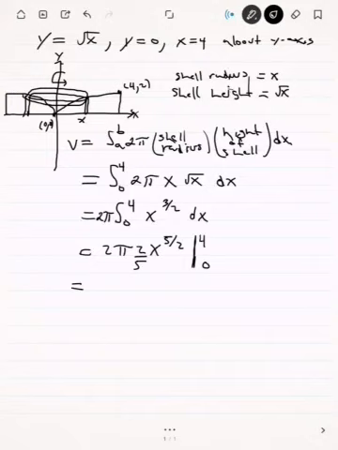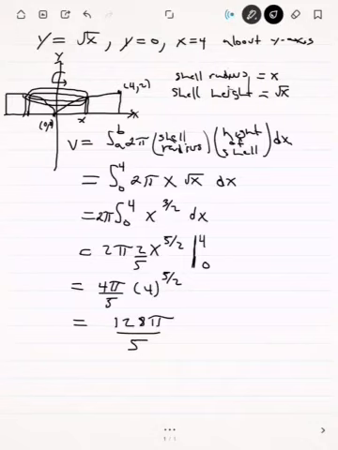Then this is equal to 4 pi over 5, and then you just plug in the 4 there, raise it to the 5 halves, and after you do all this you get something like 128 pi over 5. That is the volume of that solid using cylindrical shells.